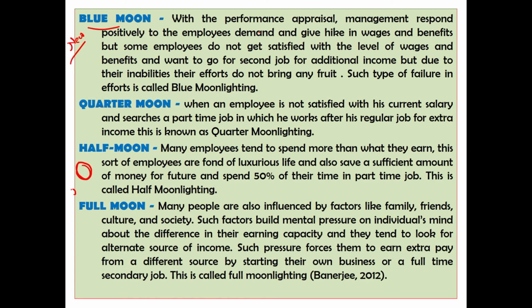So their next step is, let me also search for another job where I can get additional income, in order to satisfy themselves. Okay, so he goes out, he tries to find new opportunities, that is he wants to work in two jobs. But what happens, he ends up without finding any job because he does not have the ability to get another job. So this type of failure is known as blue moon. So it's blue moon, alright, that is new moon you consider.